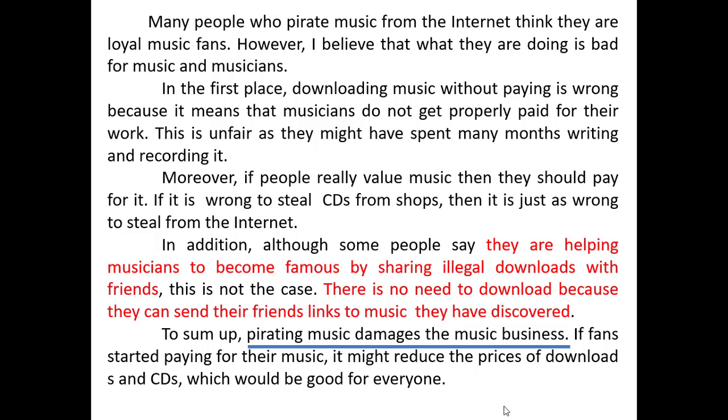The first one is helping musicians to become famous. The second one would be no need to download. So it means the first viewpoint is not right because the writer still conveys the idea of not a good thing for the music industry in the second red sentence. Therefore, the correct answer is the other viewpoint is not right.